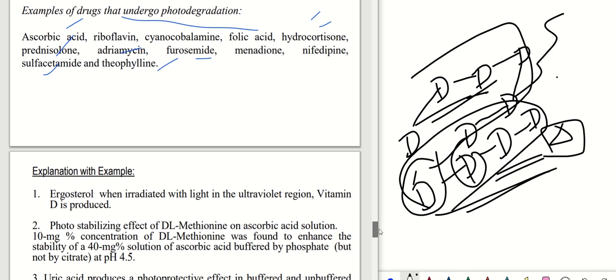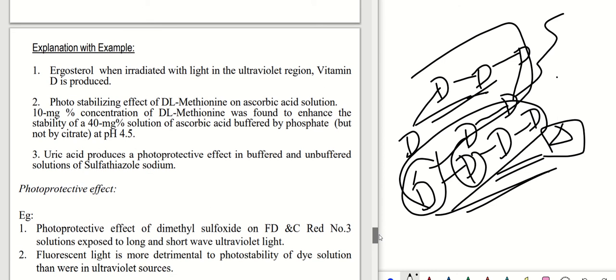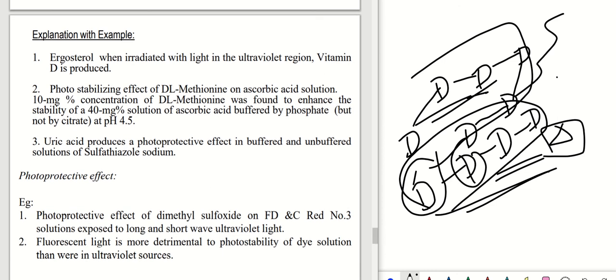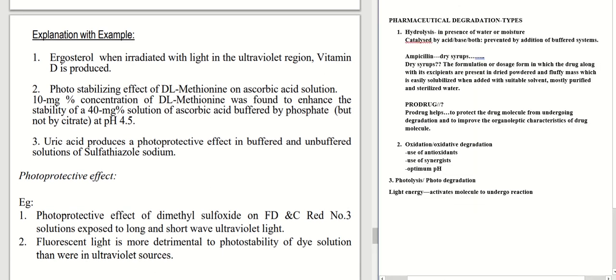Now let us see an example. Say vitamin D. As we all know, we might be hearing that if we roam in the sunlight, we'll get vitamin D from the sunlight, but not actually vitamin D. Vitamin D will be produced inside the body. The sunlight will just act as a catalyst, truly speaking.